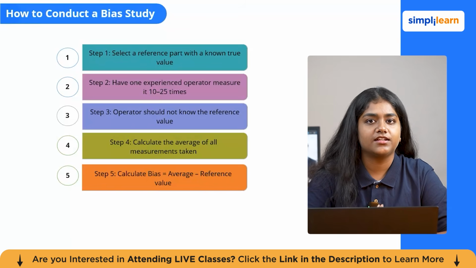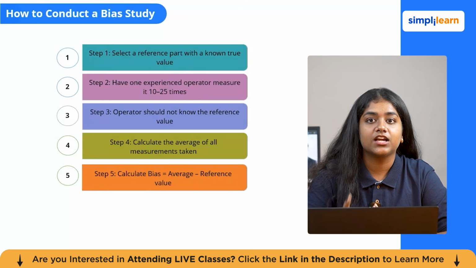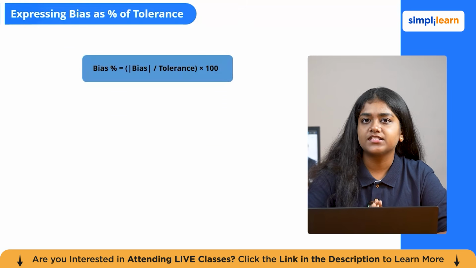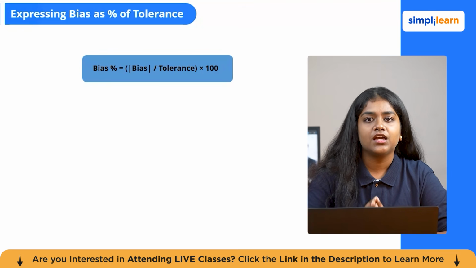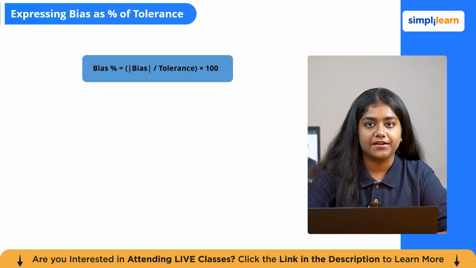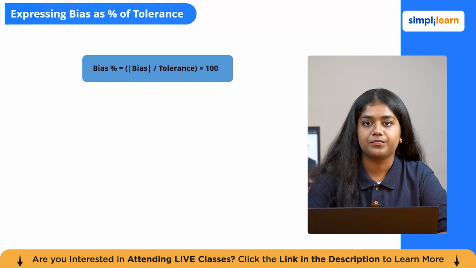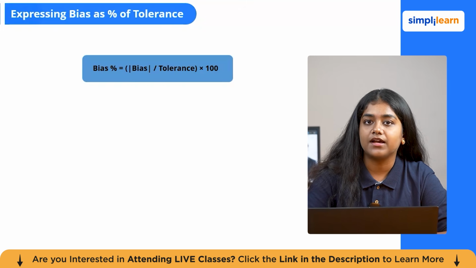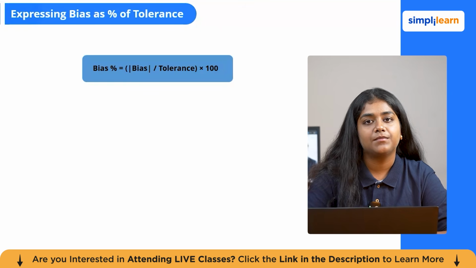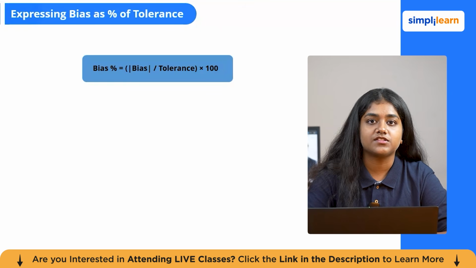So once you've calculated the bias and run your statistical test, you need to interpret the results. Here's how that works. Bias expressed as a percentage of tolerance is the most practical way to evaluate it. You take the absolute value of the bias divided by the total tolerance range, then multiply by 100. The absolute value is used because bias can be positive or negative, but for acceptability, we care about the size of the error.